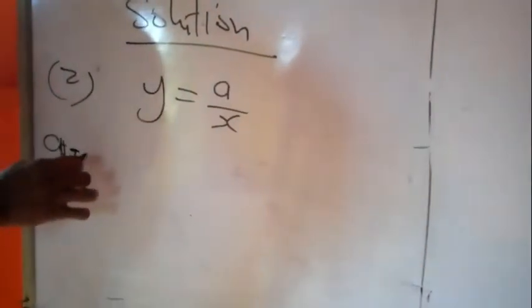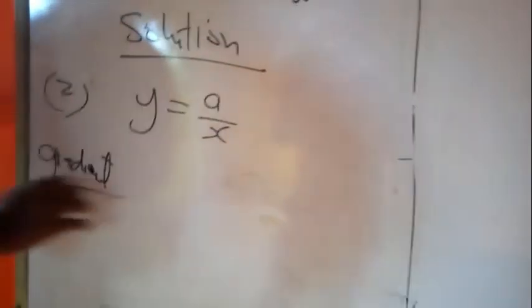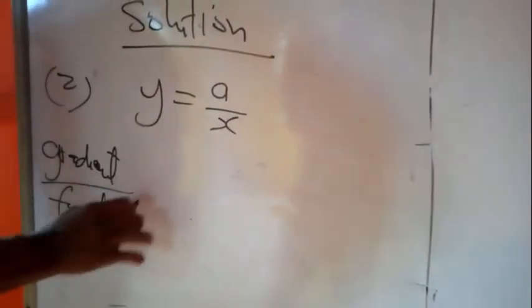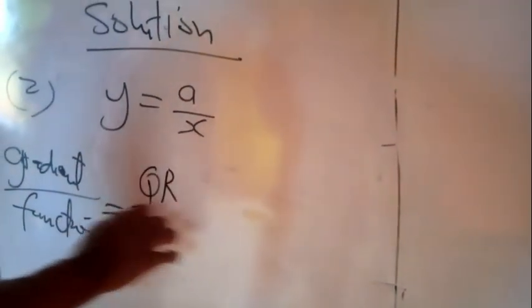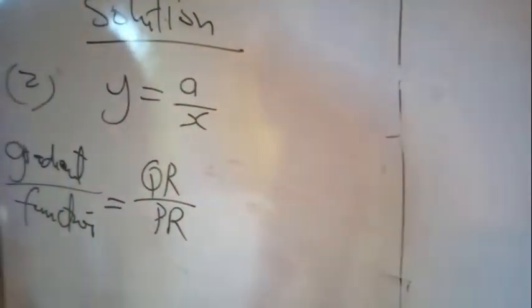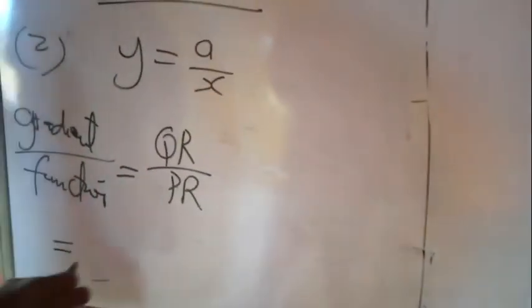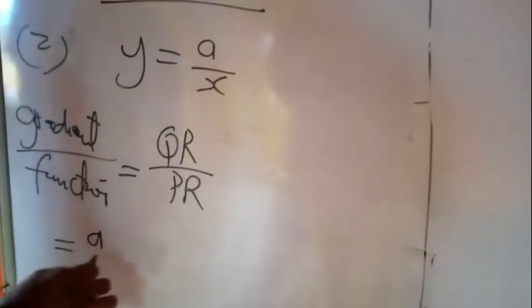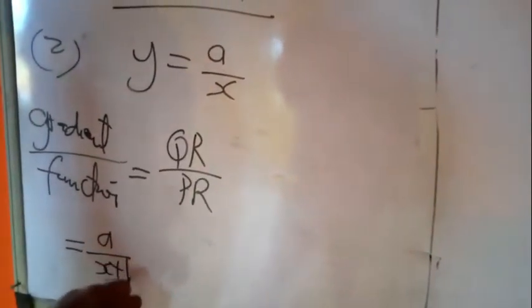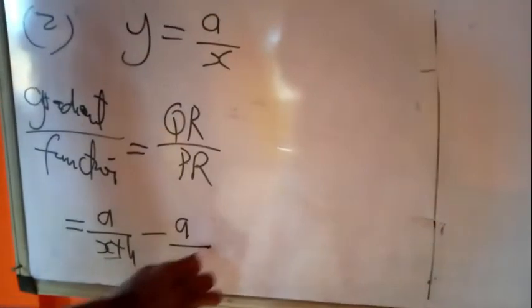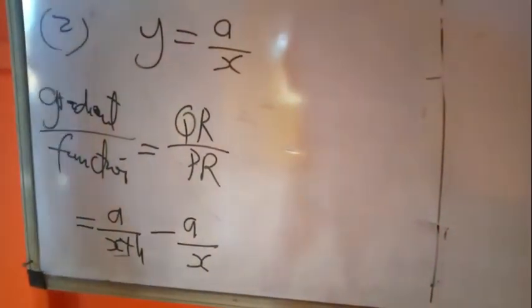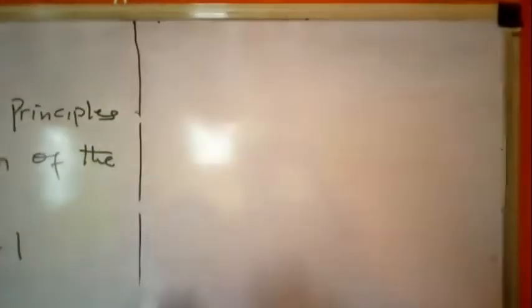Gradient function is now equal to Q arrow all over P arrow, which is equal to a all over x plus h minus a all over x, all over h.